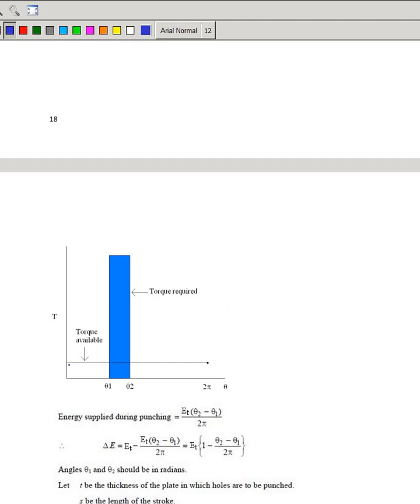because the motor energy gets accumulated, and here there is a large requirement, so it gets used up, but the loss is much more. The energy spent due to punching is this blue portion, and the energy supplied during this portion is this.